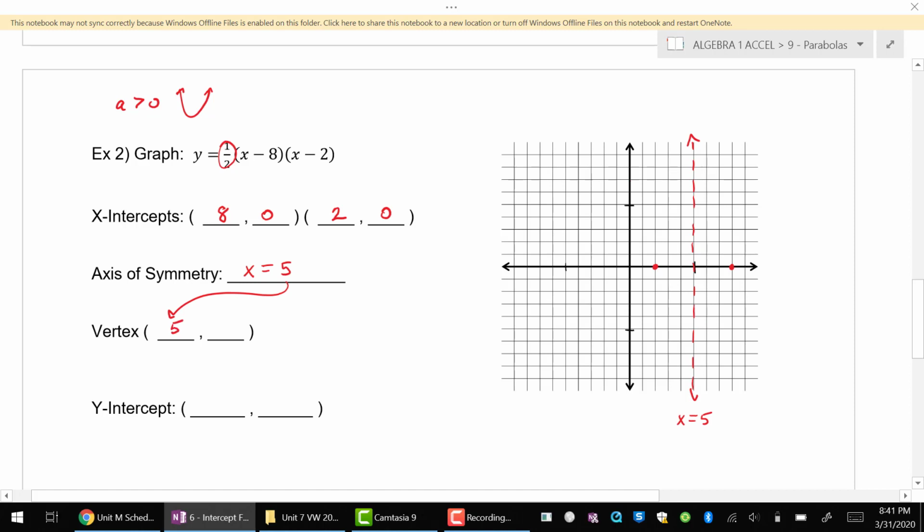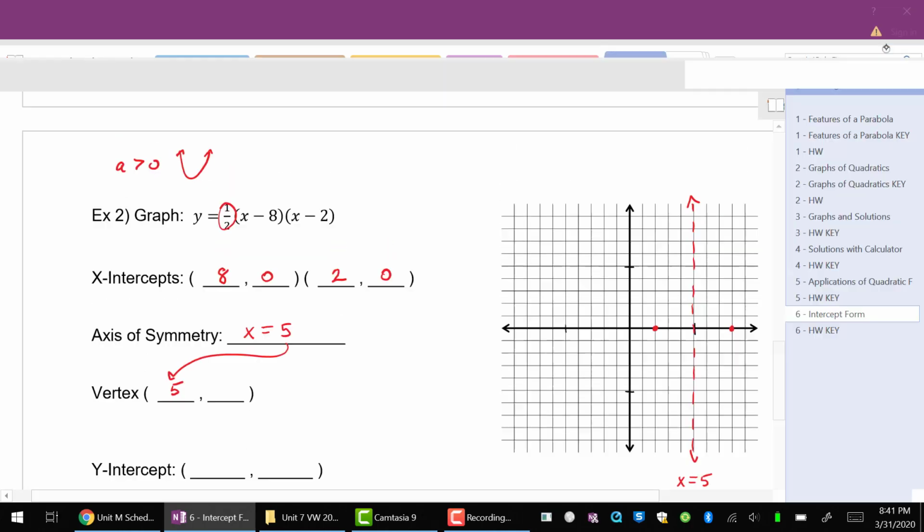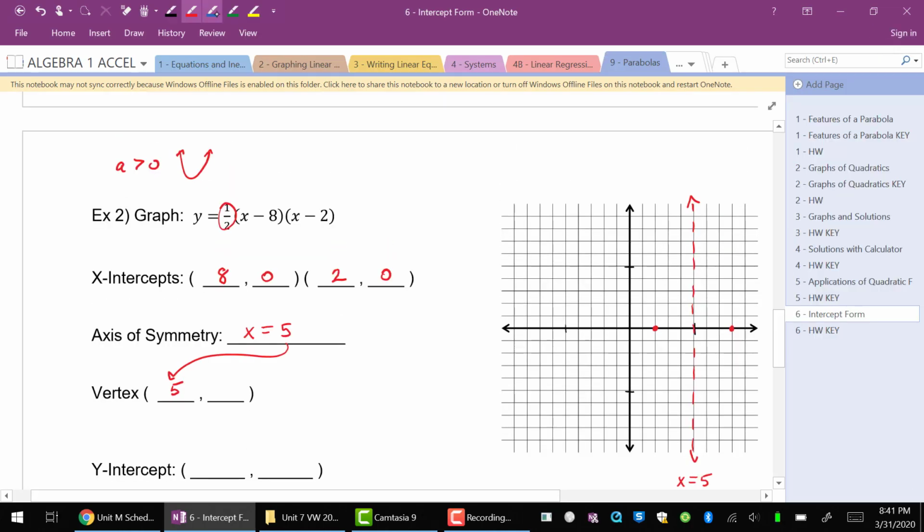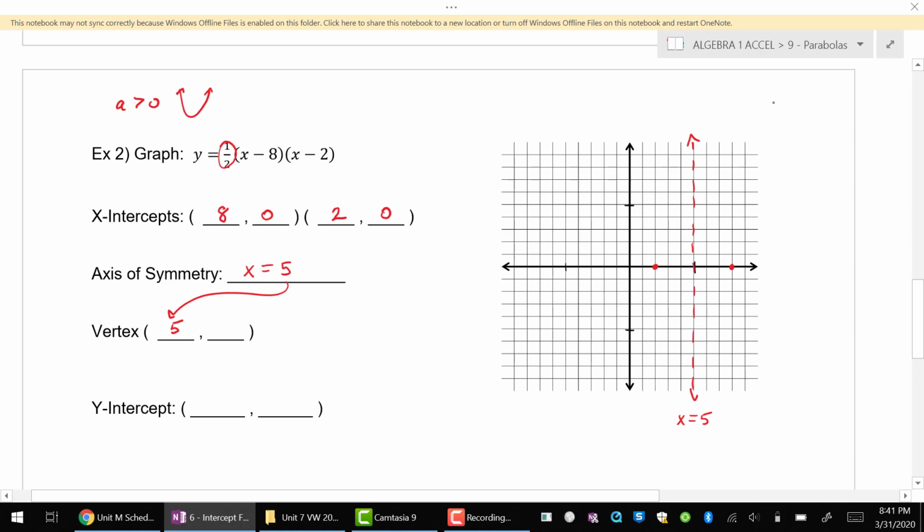Now we need the y-coordinate of the vertex. So to find that, we're going to plug in 5 to our function. The quadratic function is y equals 1/2 times x minus 8, but we're going to plug in 5 for x. And then times x minus 2, again, another 5.